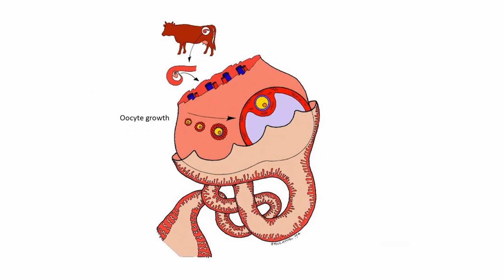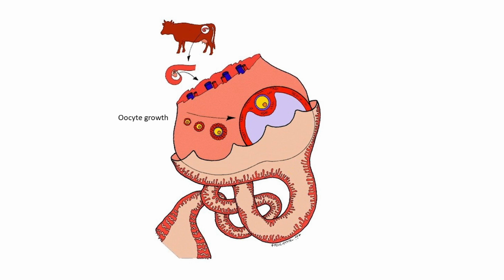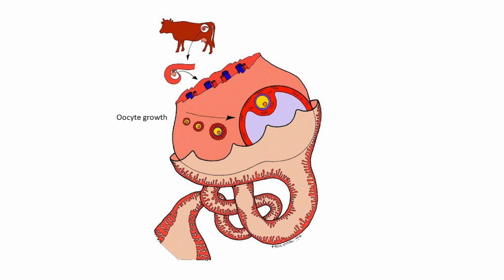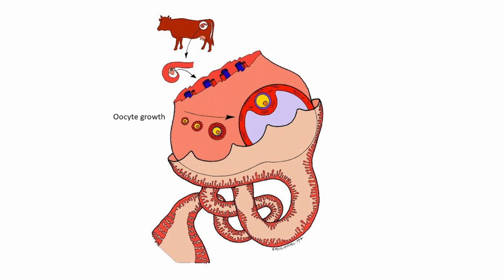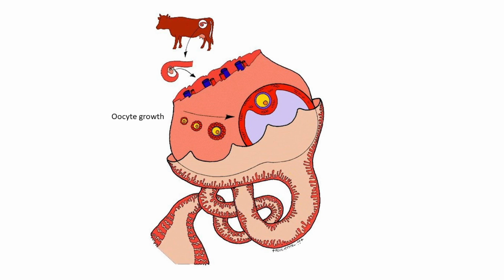Antral follicle growth is marked by an accumulation of follicular fluid in the antrum, the differentiation of granulosa cells into the cumulus cells which surround and nurture the oocyte, and the mural granulosa cells which secrete the basement membrane. Theca cells align and proliferate on the outside of the basement membrane.